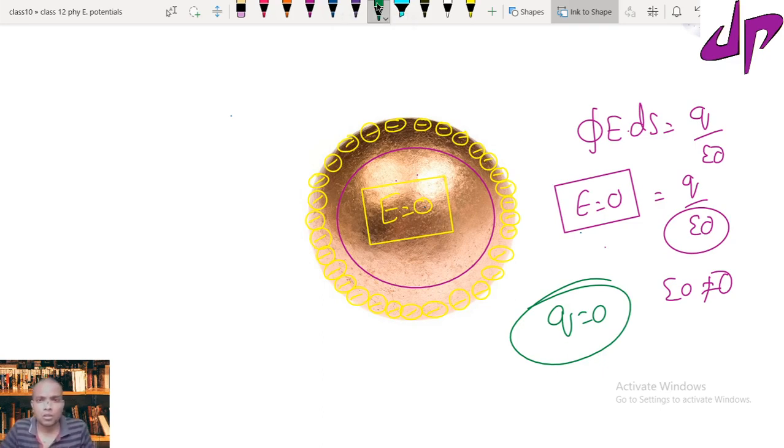So within this Gaussian surface, the electric field becomes 0.